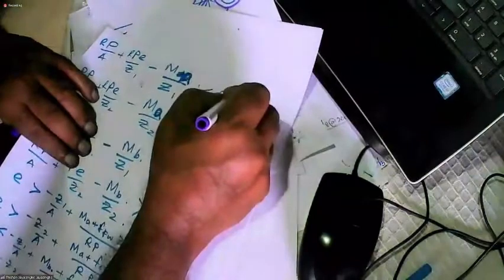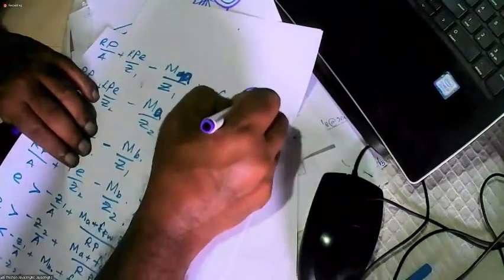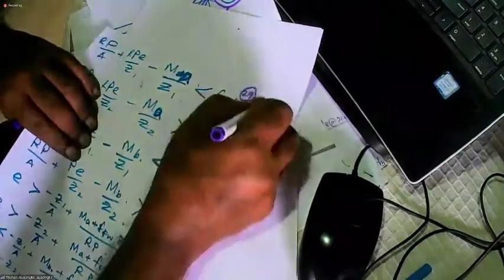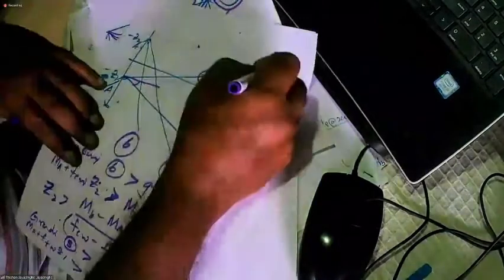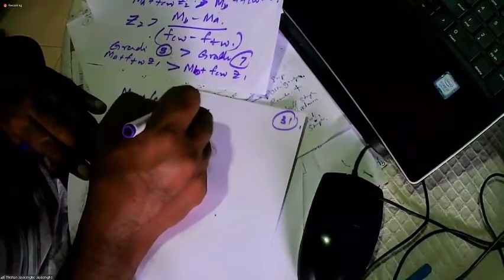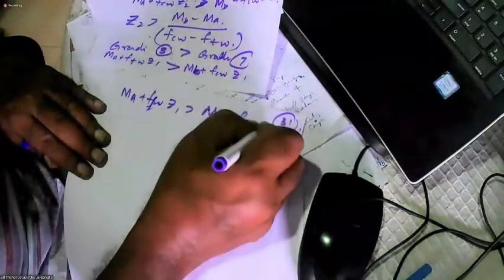From this, you get MA plus FTW Z1 should be greater than MB plus FCW Z2.